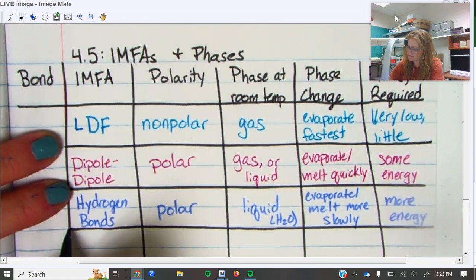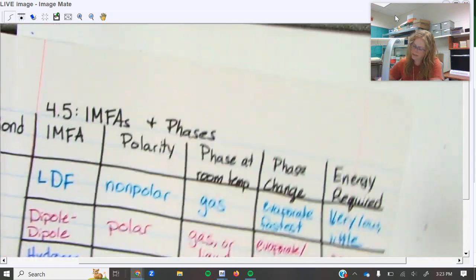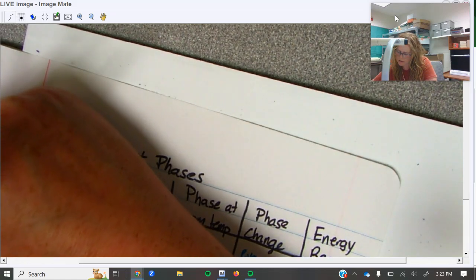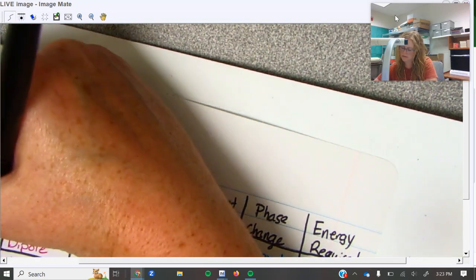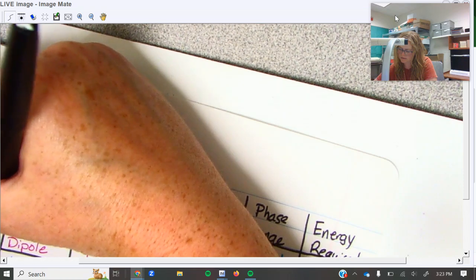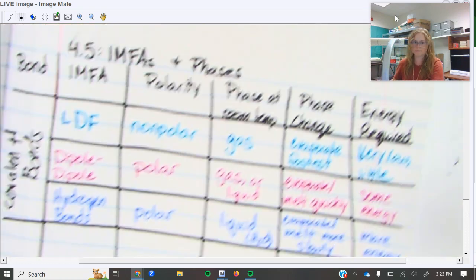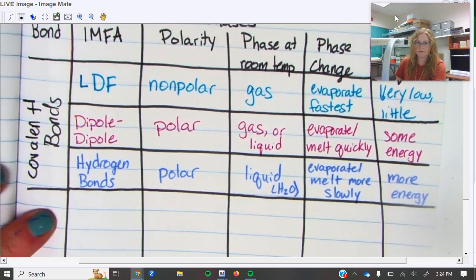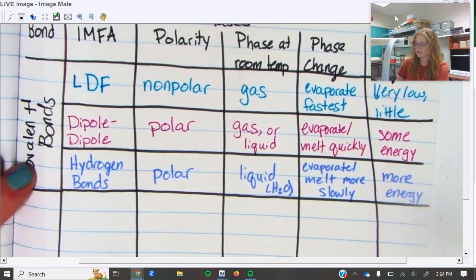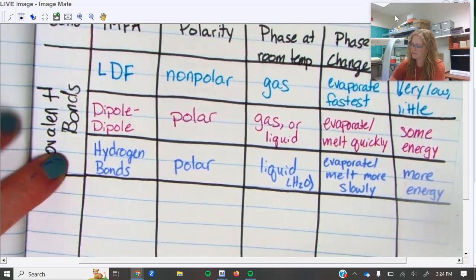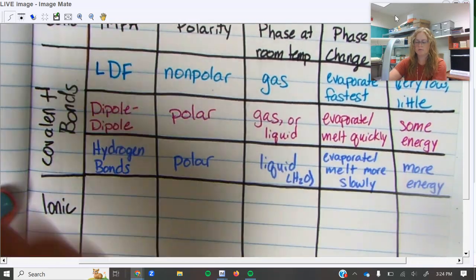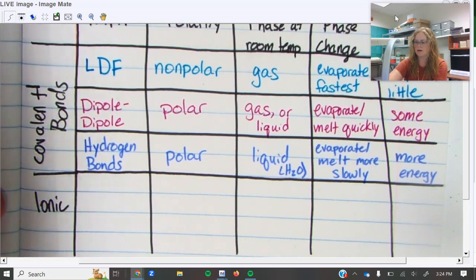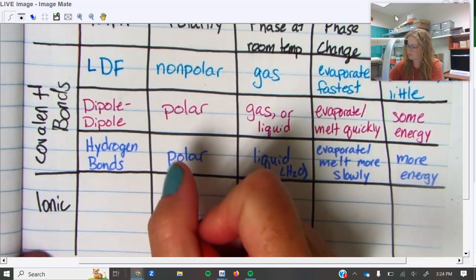All 3 of these, I'm going to turn my page sideways, are covalent bonds. So we have covalent bonds up here. And then our last one, I made my chart too big, but it's ionic. Remember, all ionics are polar.